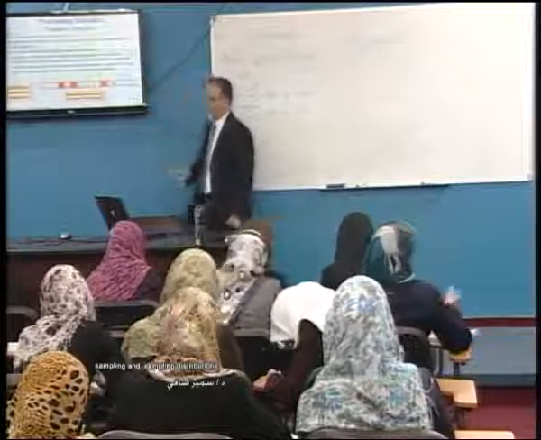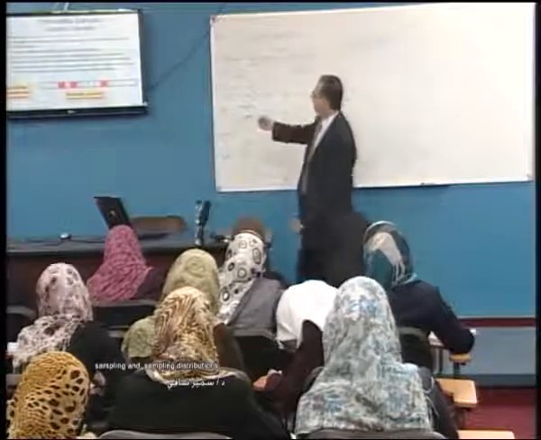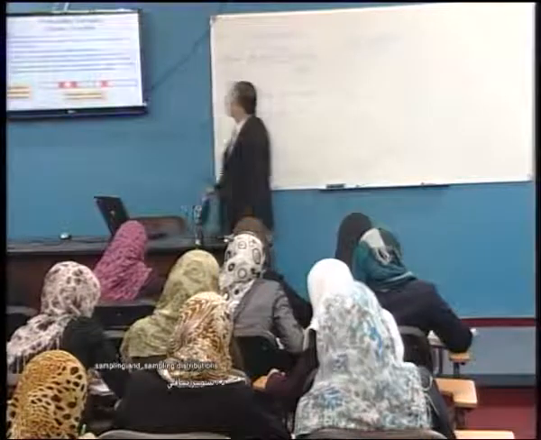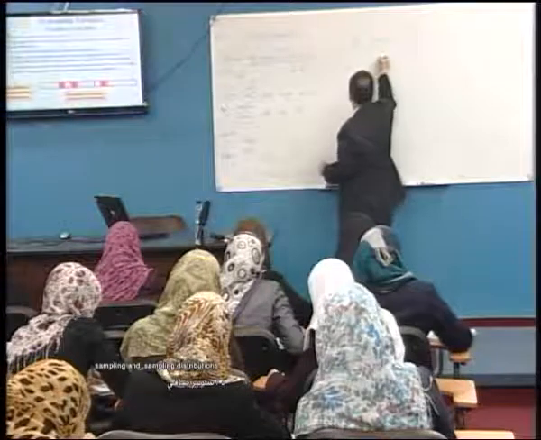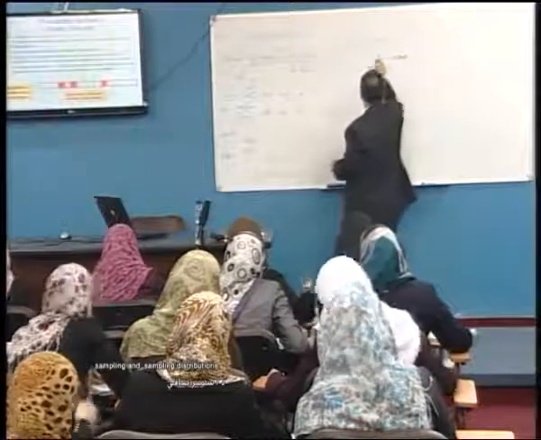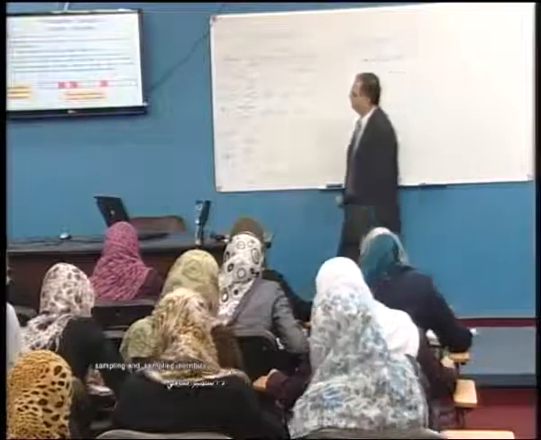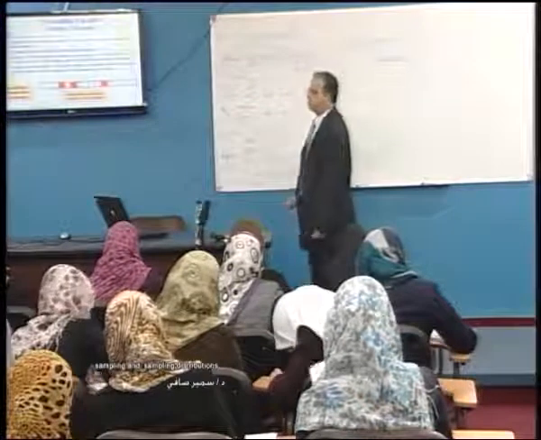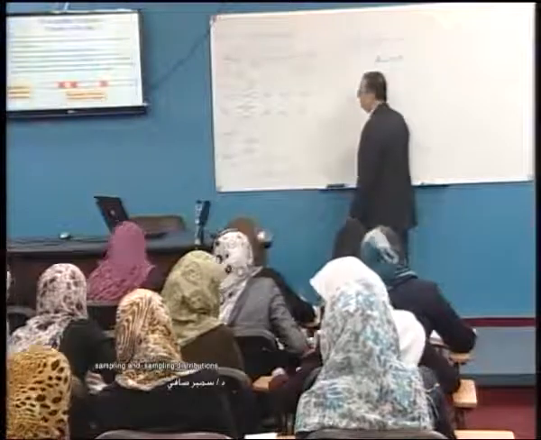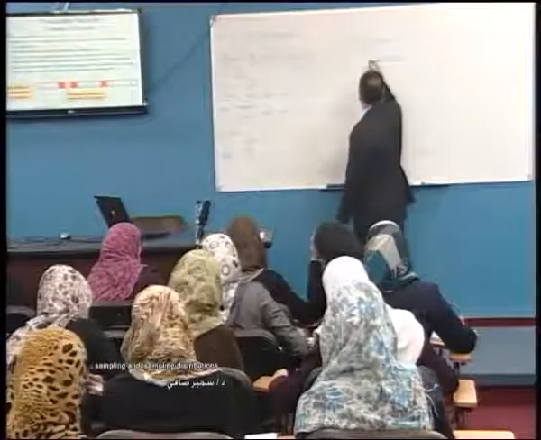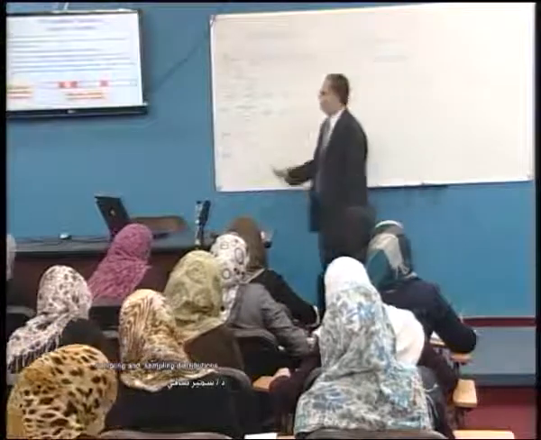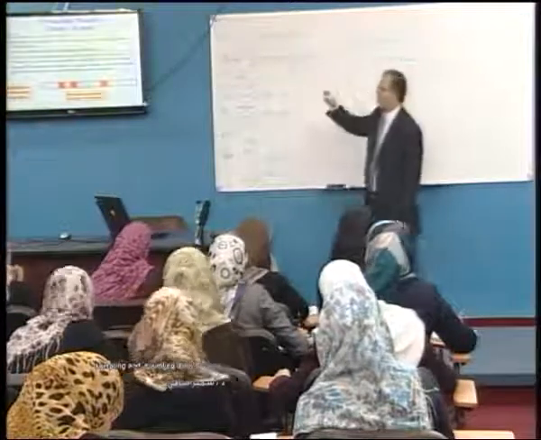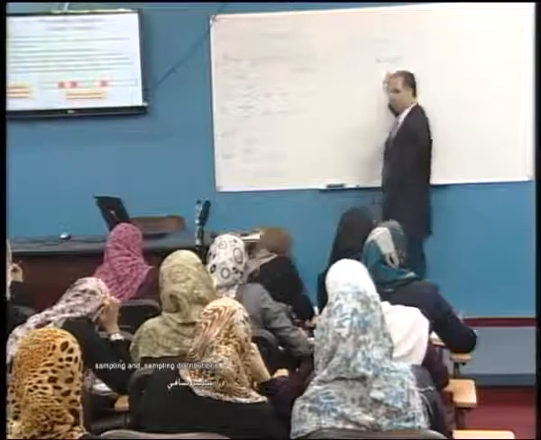Here suppose how many clusters? 16 clusters. So the population has 16 clusters. Step 2, you have to choose a simple random number of clusters out of 16.